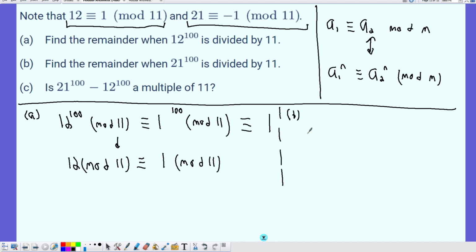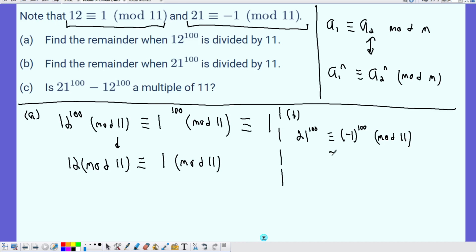So 21 to the 100th power is congruent to, well, I know 21 is congruent to negative 1 mod 11. So it's congruent to negative 1 to the 100th power mod 11.